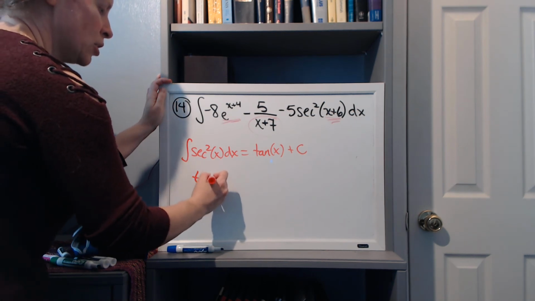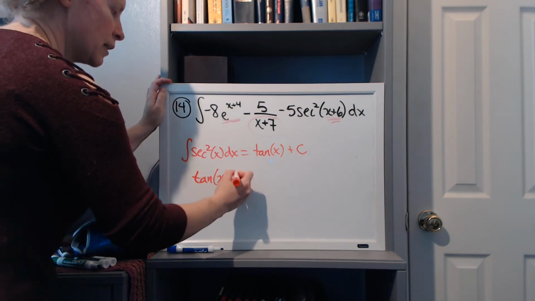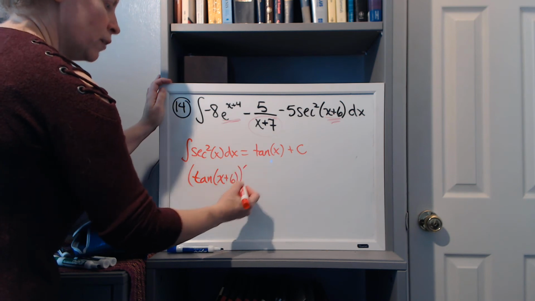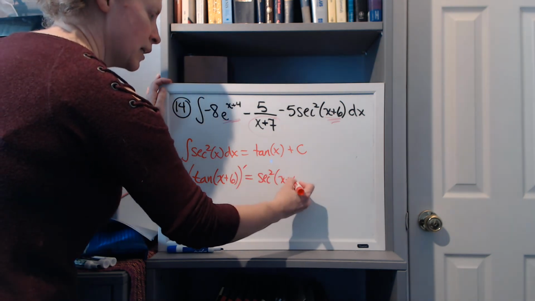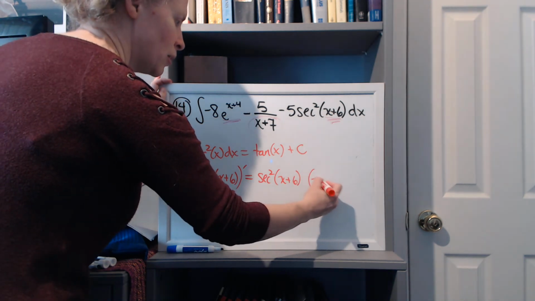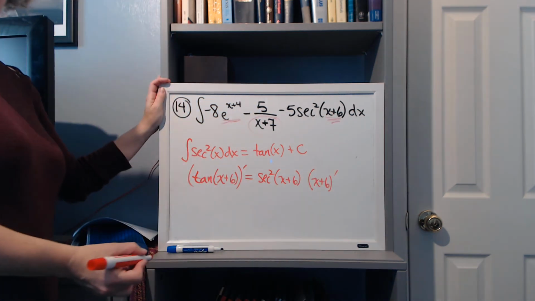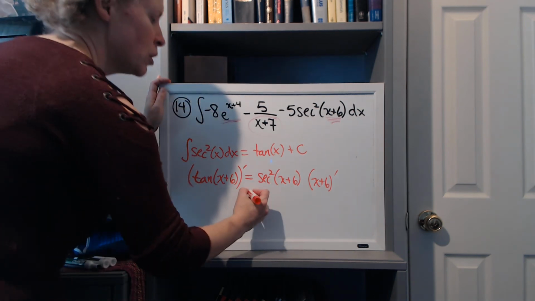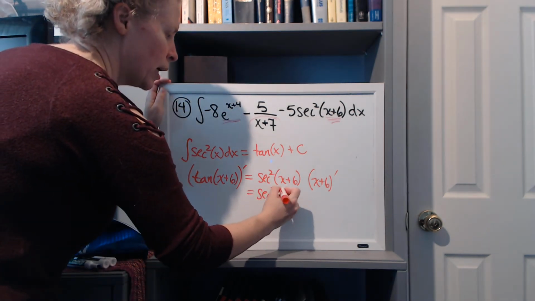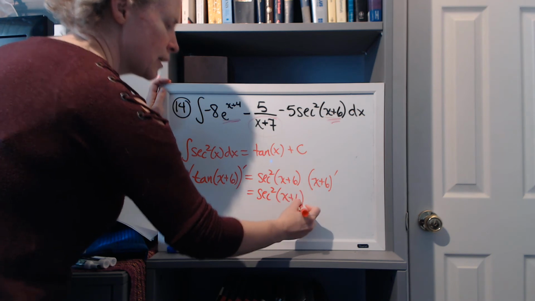So if we have tangent of x plus 6, and we take the derivative of it, that's going to give us secant squared of x plus 6. And then we would multiply by the derivative of x plus 6. But the derivative of x plus 6 will just be 1. So this would just give us secant squared of x plus 6.